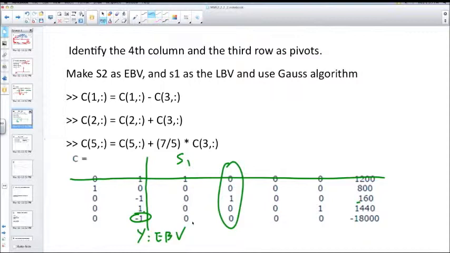All right. So we do the same thing. I want to make this a 1, all the rest 0. And what you are going to do: do nothing for the second row. The third row is going to add to the first row. Fourth row minus the first row.